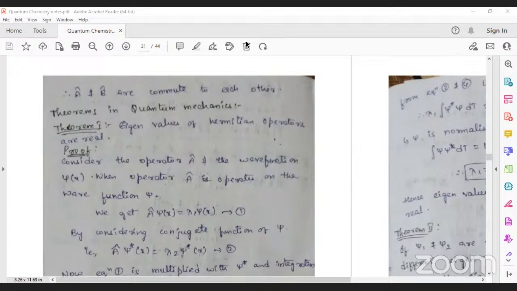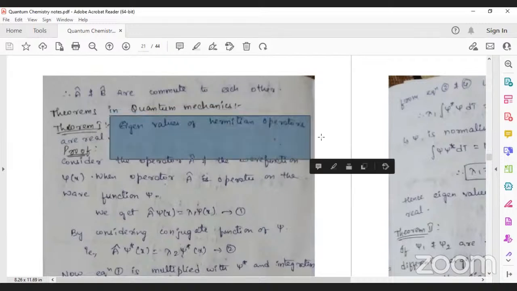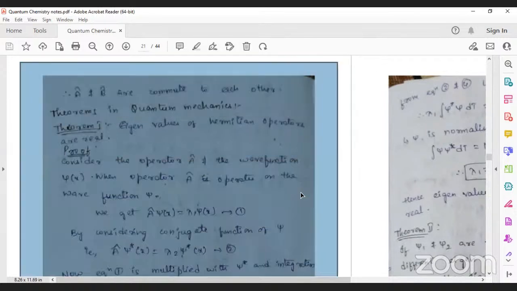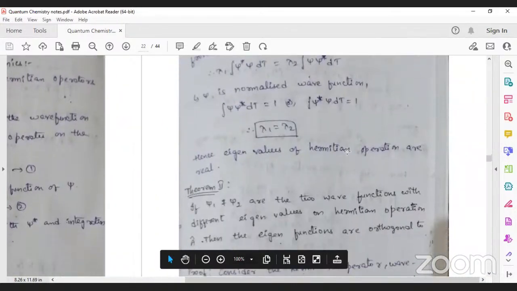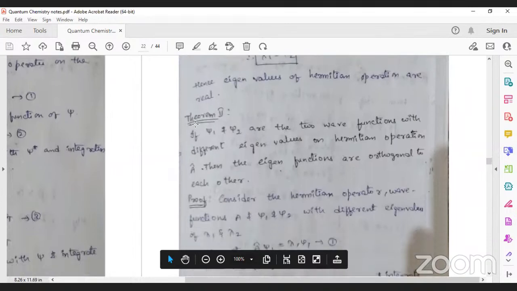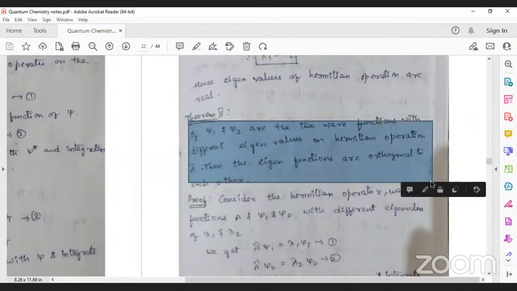Just see. This is theorem 1. The eigenvalues of a Hermitian operator are real. Means if you consider different eigenvalues, it will show that both are equal. That is theorem 1. Now the second theorem: psi 1 and psi 2 are two wave functions with different eigenvalues, and operator A is a Hermitian operator.